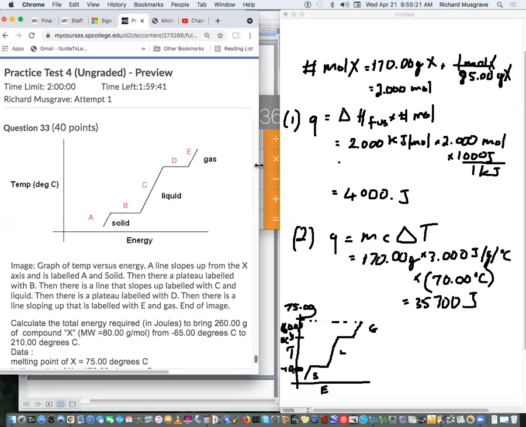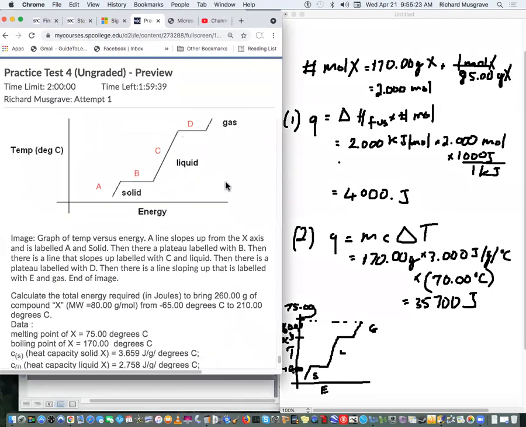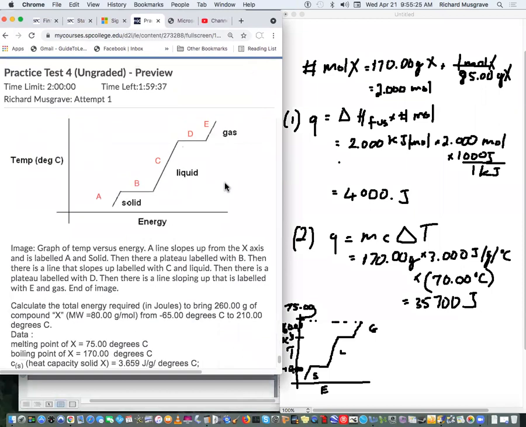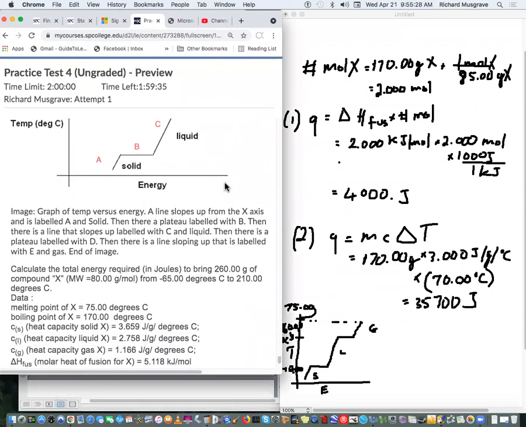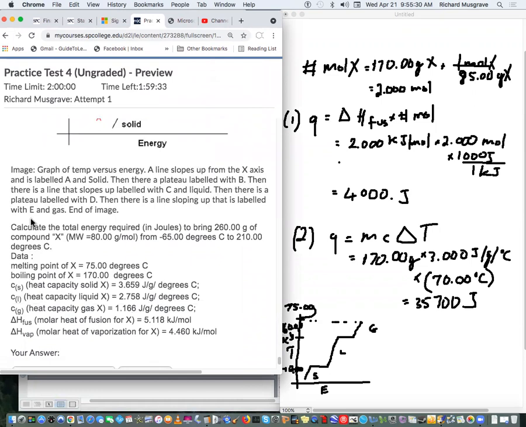For this one, you'll need to come up with all the different values here, A, B, C, D, and E. This is the question: calculate the total energy required to bring 260.00 grams of compound X. You're given the molecular weight here, and you're also given the temperatures as well, minus 65.00 to 210.00. You're also given the melting points and the boiling points as well.